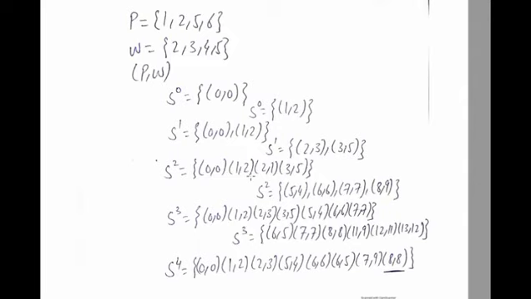Now we'll write the set for the next object, that is object number 4. The profit is 6 and the weight is 5, so we'll add it to this one, right? 0 plus 6 is 6, 5 plus 0 is 5, so the set we get is (6, 5). Then we add (6, 5) to S3: 6 plus 1 is 7, 5 plus 2 is 7, so here we got (7, 7).